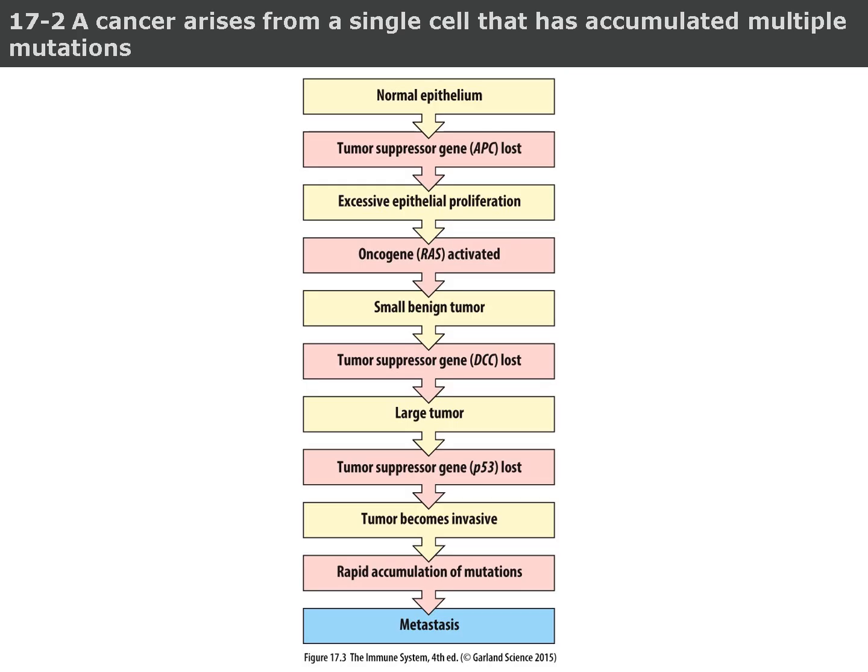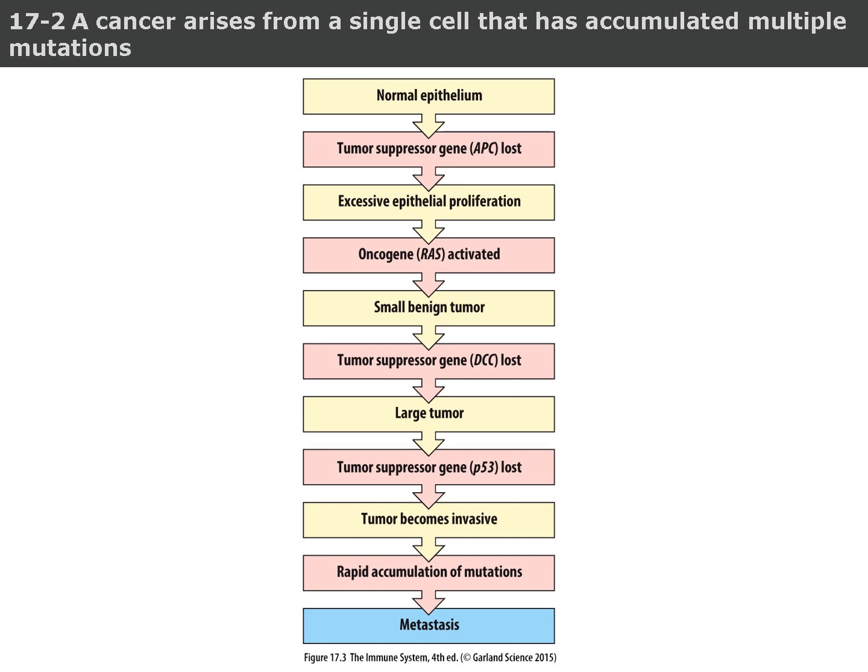Cancer develops through a stepwise process involving the accumulation of multiple mutations. The sequence begins with a normal epithelial cell that loses a tumor suppressor gene such as APC, leading to excessive epithelial proliferation. Activation of an oncogene like RAS promotes the formation of a small benign tumor.